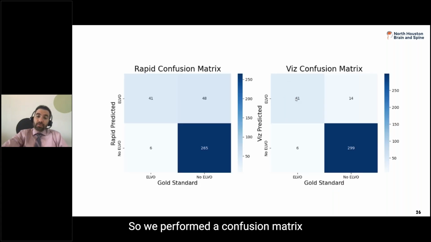We also performed a confusion matrix comparing Rapid and Viz. You can see Rapid on the left: it excluded an LVO in 265 patients and identified an LVO in 41 patients. However, it was incorrect in 48 patients, compared to Viz, which was incorrect in only 14 patients.